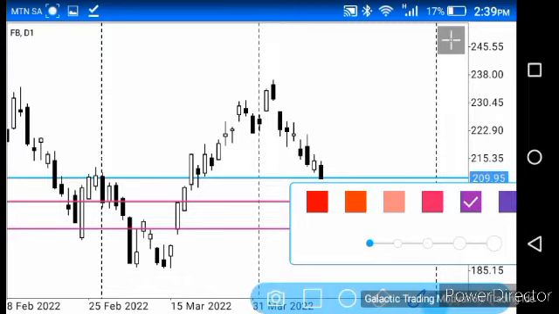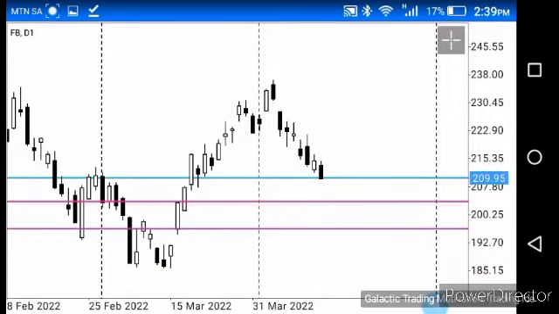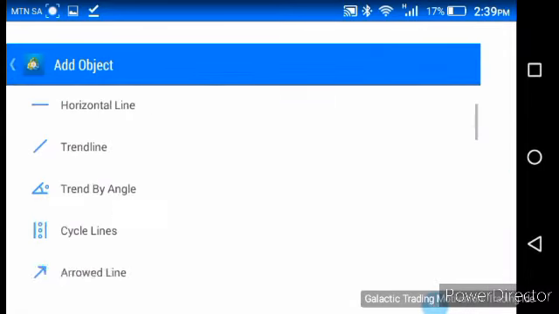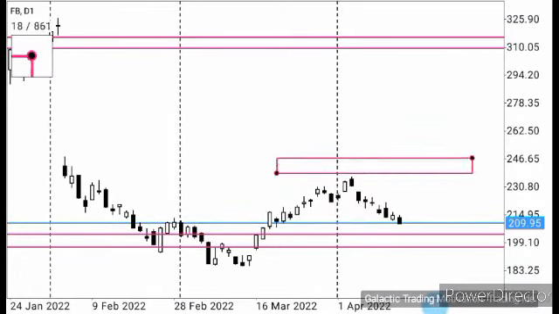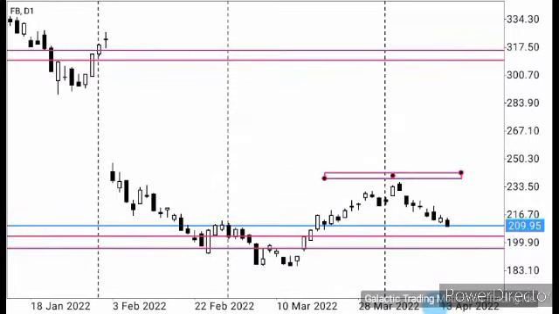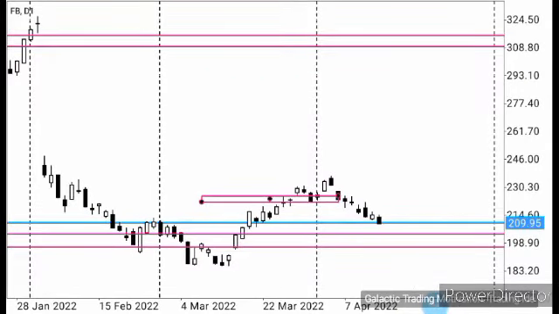We have this structure and the neckline over there, and the anticipation is that price has to come back there and then continue going down. So for now, I'll just add a neckline so that we don't forget about this particular structure, which is the information. I'm just going to make it a different color as well so that we don't get confused by all these necklines that I've drawn all over the chart.